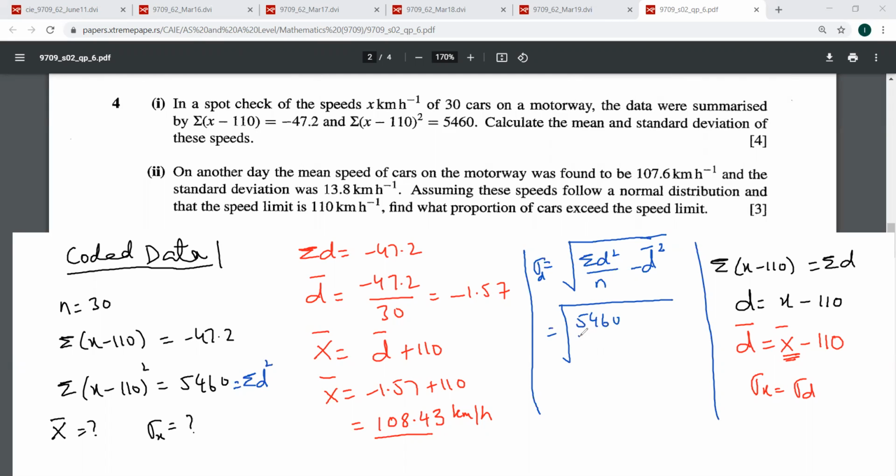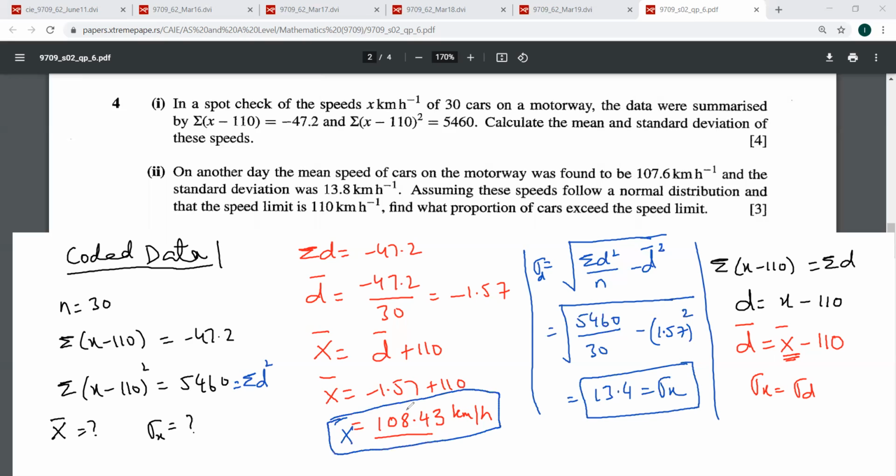That is 5,460 divided by 30 minus this. I'm not putting the minus here because, because of the square, this will become positive. Sir, 13.4. Okay, so this is 13.4, and I can put that equal to the actual standard deviation. So this one is the mean, and here is the standard deviation.